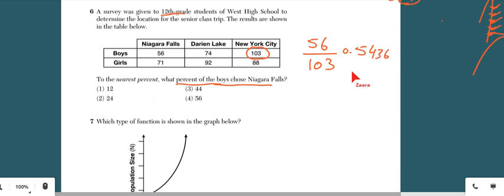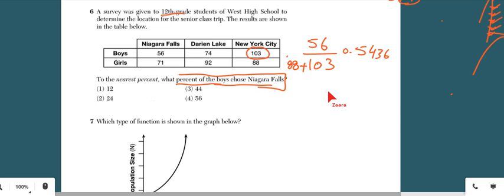A survey was given to the 12th grade students of West High School to determine the location for the senior class trip. To the nearest percent, what percent of the boys chose it? We will add 88 with it, so we divide 56 by 103 plus 88.